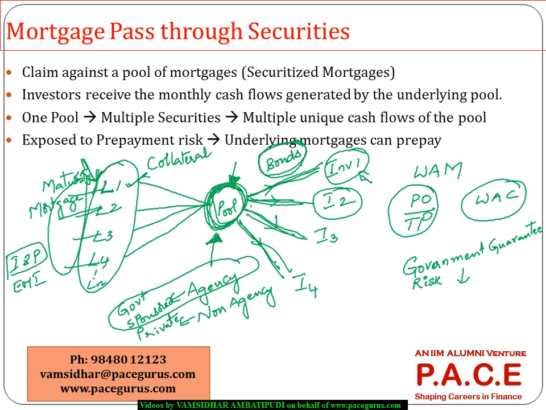From the amount coming from the borrowers into the pool out of the various mortgages, the cash flows for the investors are typically structured. The basic thing is whatever comes from the borrowers in the form of interest and principal is what is redirected to the investors in the form of coupons and principal repayment.